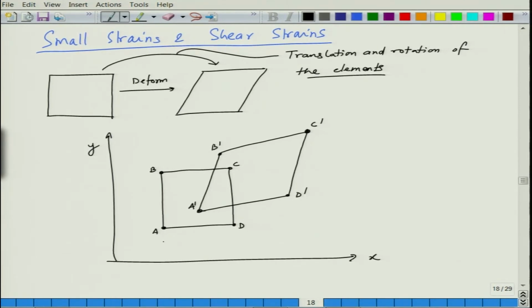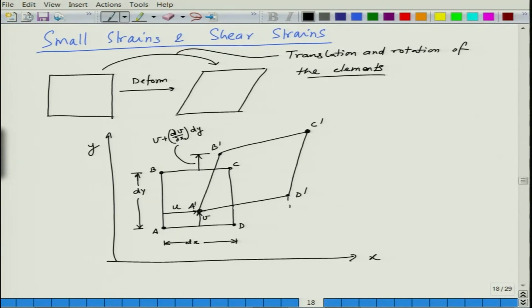Let us say this length is initially dx, small lengths, and this is dy. Let us say this point has moved by a translation u in this direction and v in the y direction, and the corresponding movement of this particular point from the BC line is v plus del v by del y into dy.